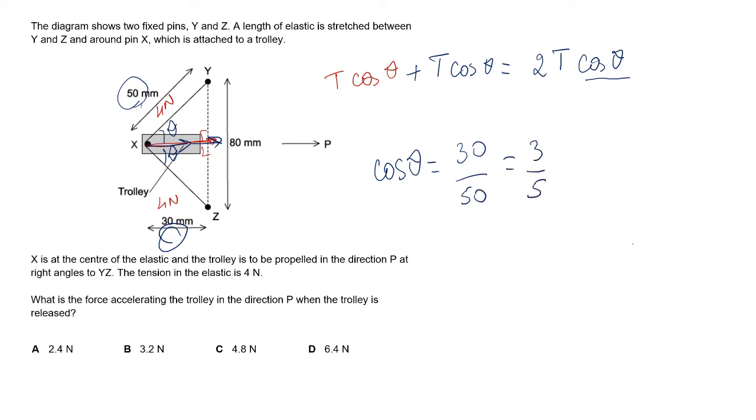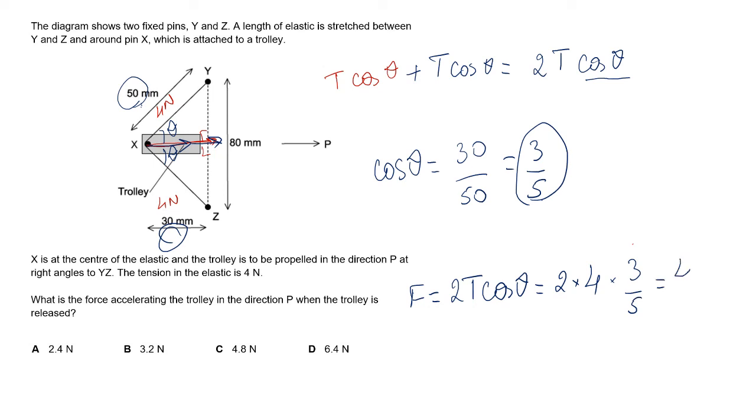This is our cosine theta. And I will put the same numbers here. The final resultant force will be equal to 2 tension force cosine theta. 2 times tension force, they give us 4, multiplied by, instead of cosine theta, I will write 3/5. So the answer is 4.8 Newton, and the answer will be C.